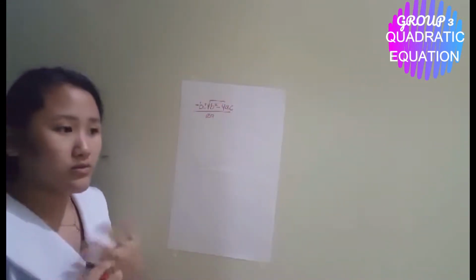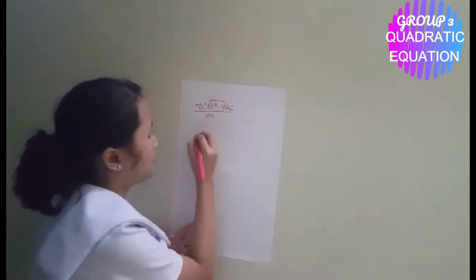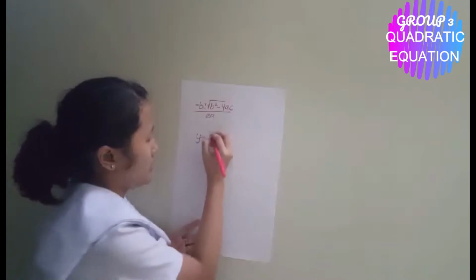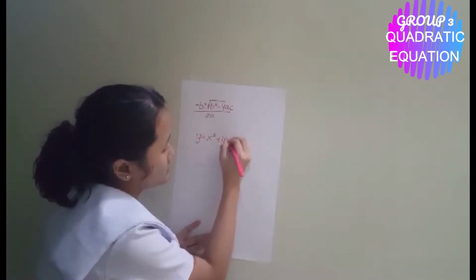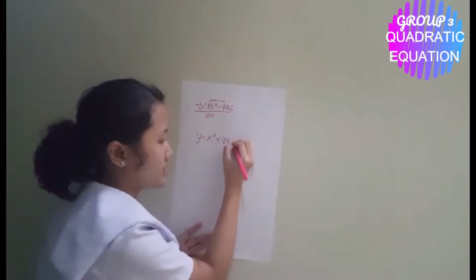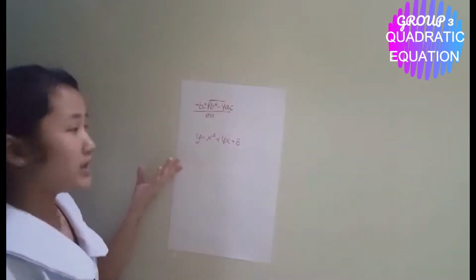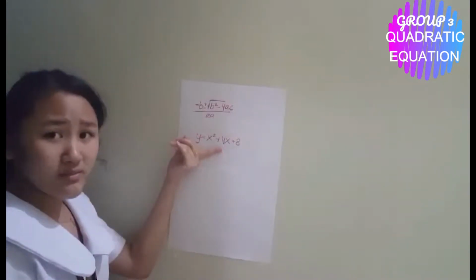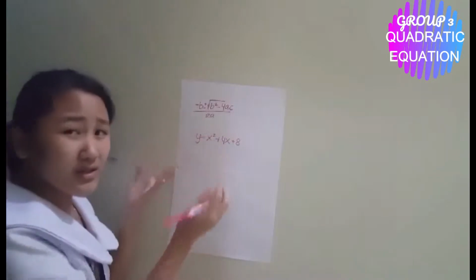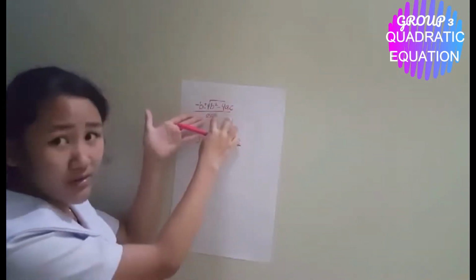And the quadratic equation I'm going to solve today is y equals x squared plus 4x plus 8. So, looking at the quadratic formula, you guys may be a bit confused on how to put this into here.